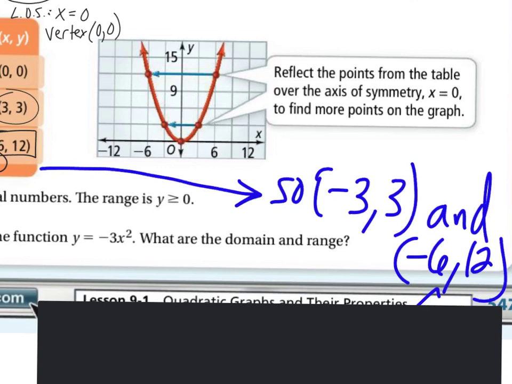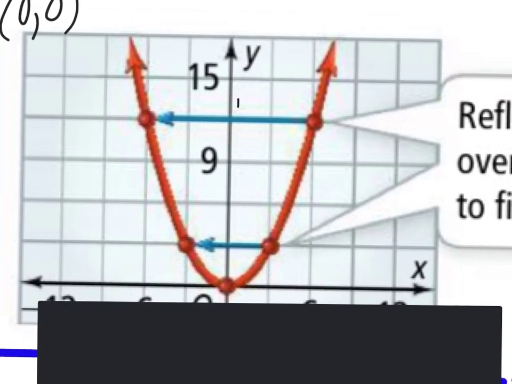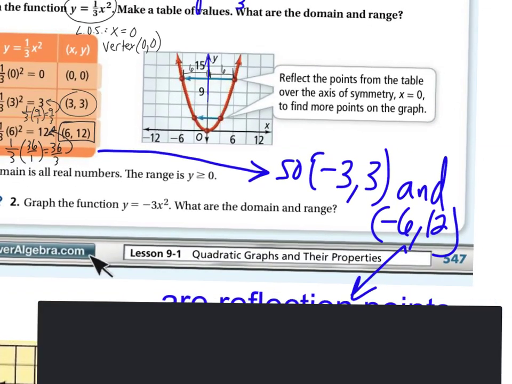We were at (6, 12), 6 away from our line of symmetry, so we should be 6 away over here, which is (-6, 12). Again, if that line of symmetry is not the y-axis, it's not always just changing the sign of my x value. That's not always going to be the case, but in this case, that's what it is. So those are our reflection points. That gives us 5 points, and that's going to be our graph.